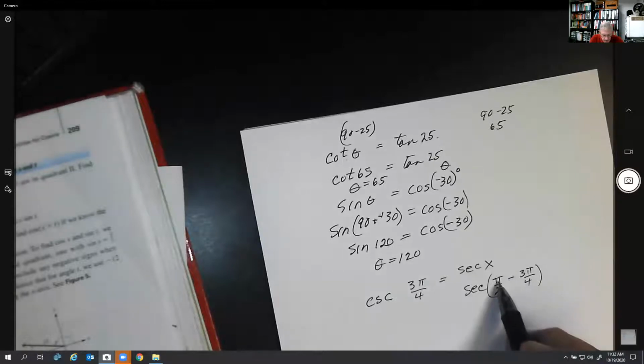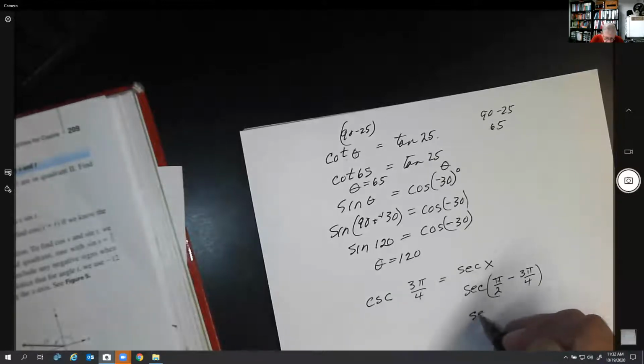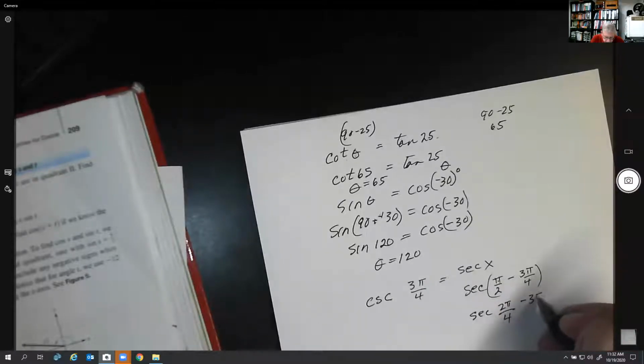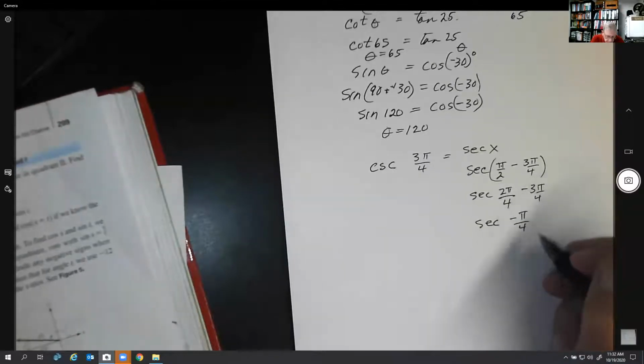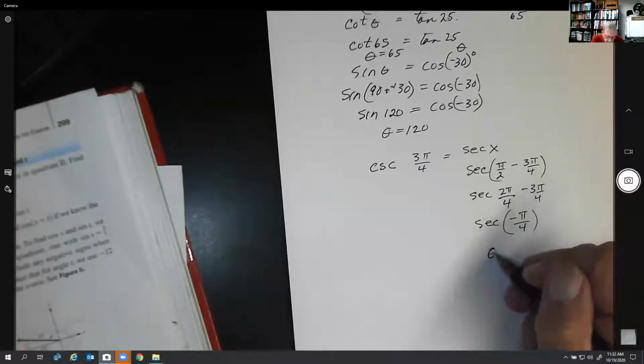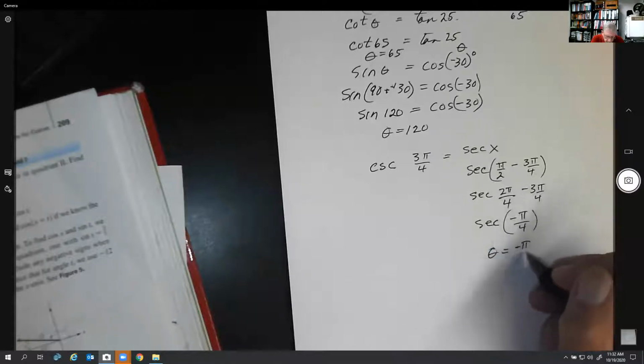Let's change this to fourths, huh? Multiply the top by 2 and the bottom by 2. So that would be the secant of negative pi over 4. So theta is negative pi over 4.